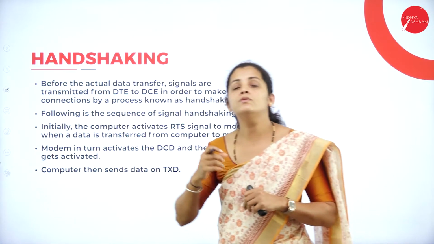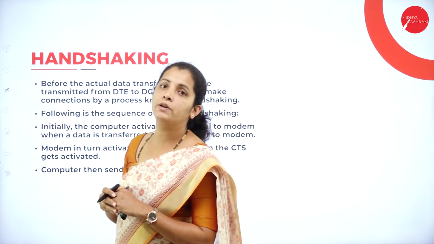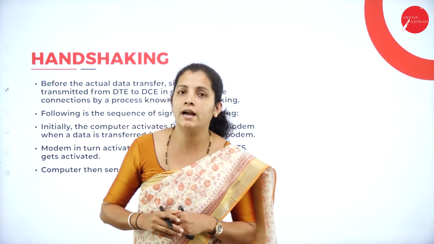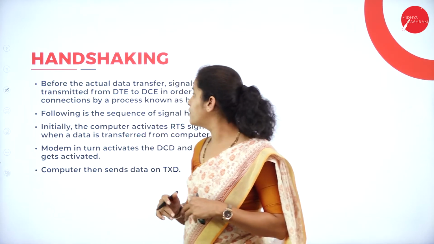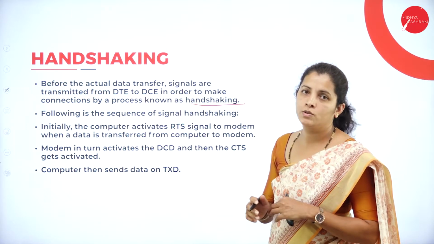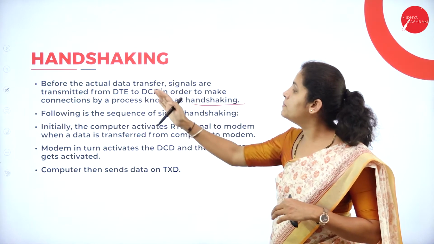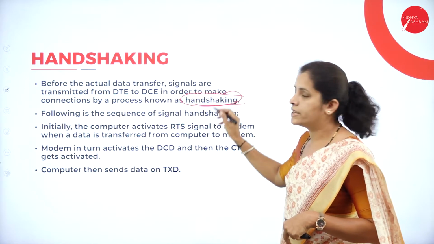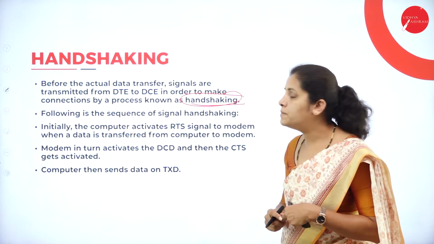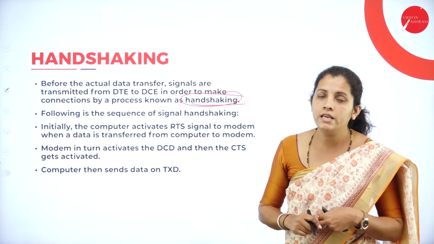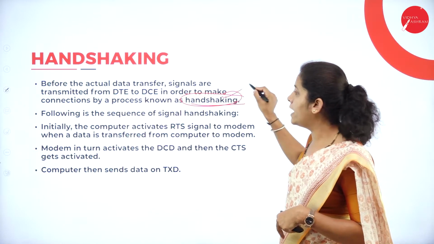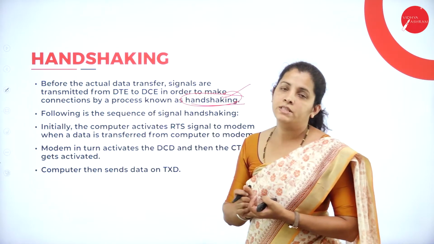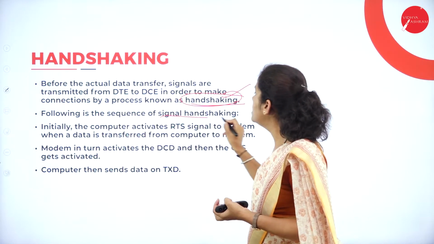I repeat, the connection must be established, and the connection process itself is called handshaking. It is the process of establishing a connection between DCE and DTE. Okay, let's see the sequence of steps performed under single handshaking.